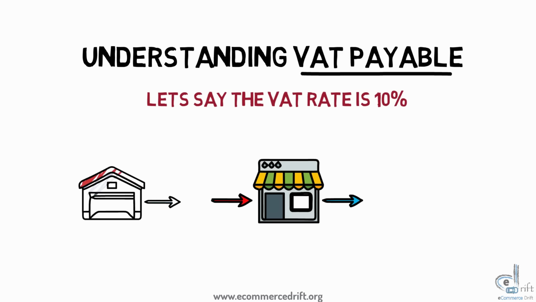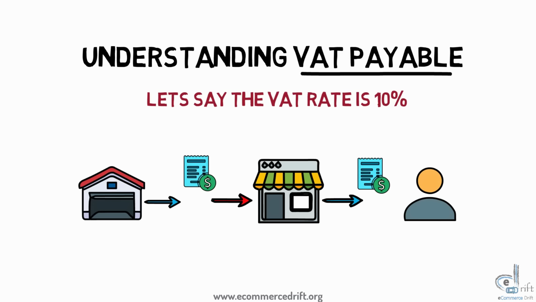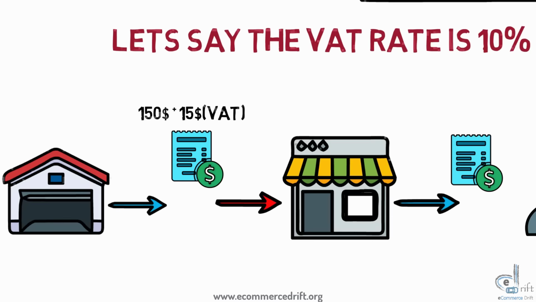Let's see an example of a retailer that buys a product from the distributor and sells it to the consumer. Selling price of the product for the manufacturer is $150, and 10% of $150 is $15. So the invoice that the retailer gets is of $165.